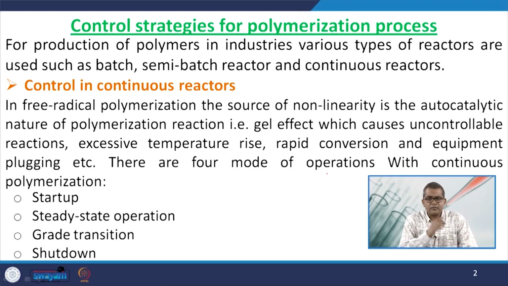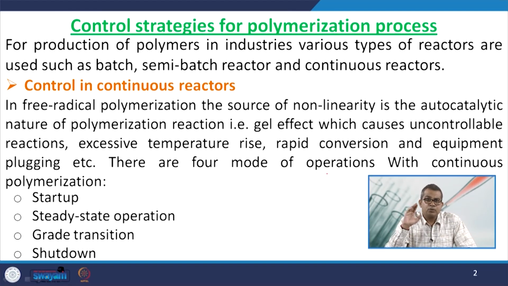So, the reactor is extremely important in the polymerization process, and that reactor should have a proper control methodology, proper control protocols, so that losses can be minimized, proper efficiency of the reaction can be achieved, and the polymer process may become more and more energy efficient.